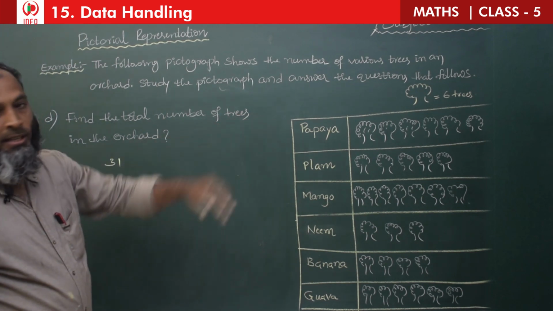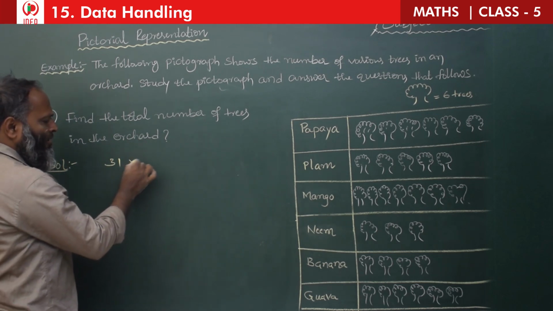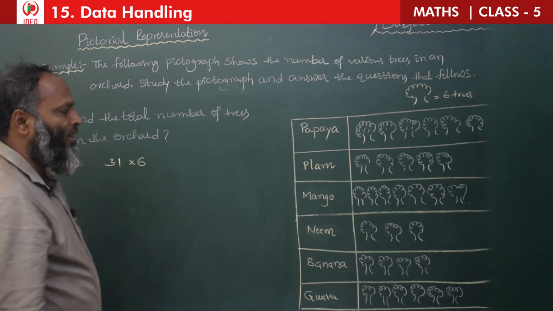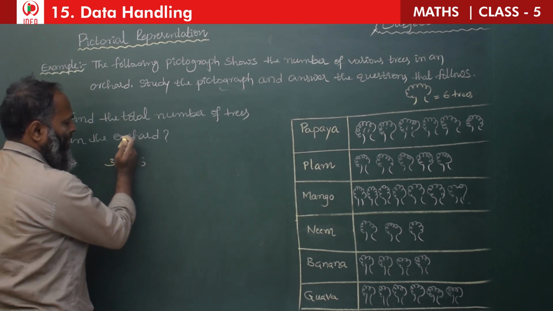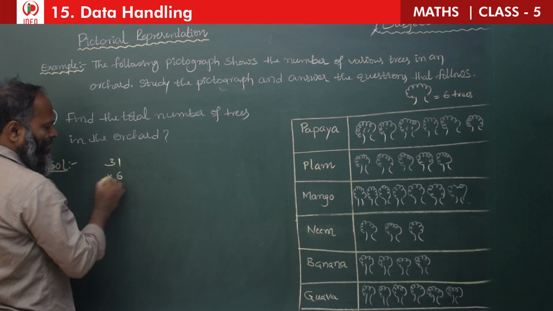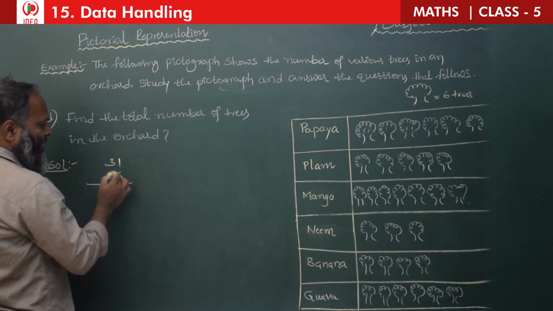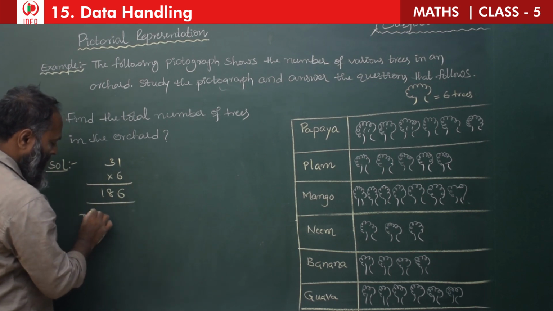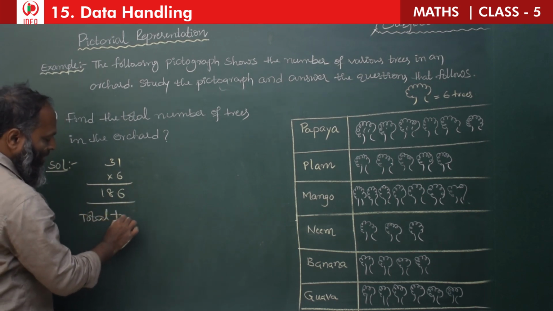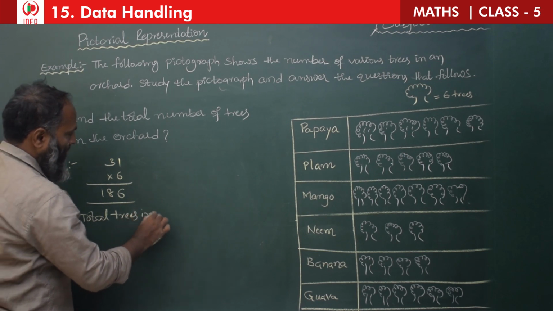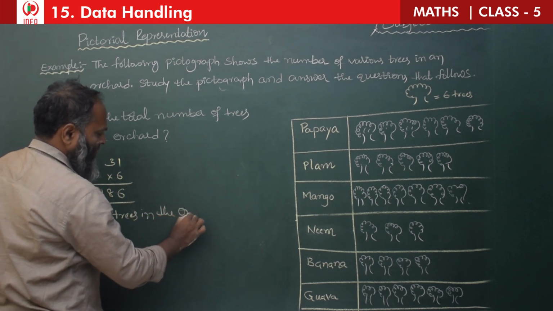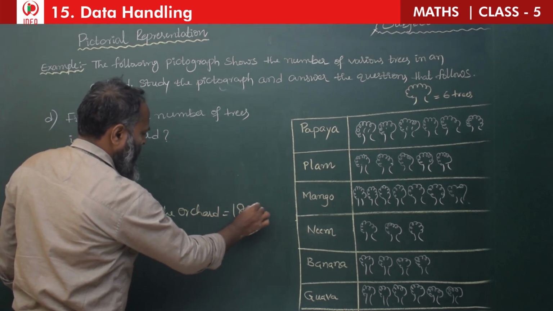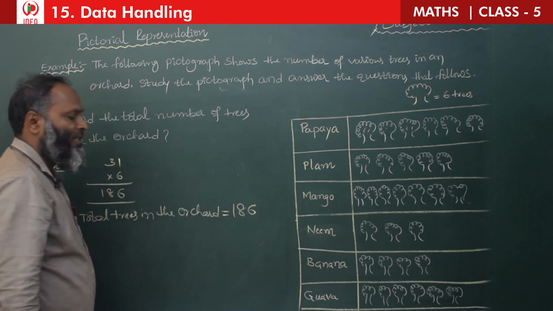We should multiply that with 6, because 1 tree is equal to 6 trees. Take 6: 6 ones are 6, 6 threes are 18. Total trees in the orchard, 186. Okay.